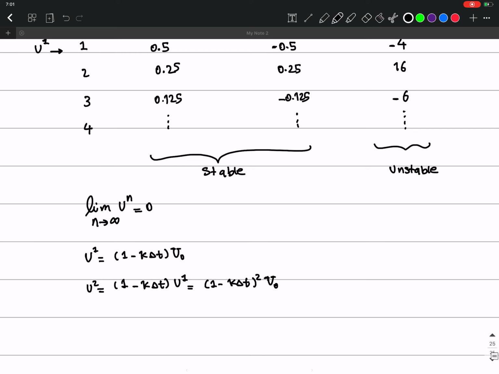Okay, and this goes on and on until u_n. So u_n is going to be (1 minus kappa delta t) to the power n u_0. Okay, so if I name this 1 minus kappa delta t, let me write it here, if I name it as lambda, this is going to be lambda^n u_0.